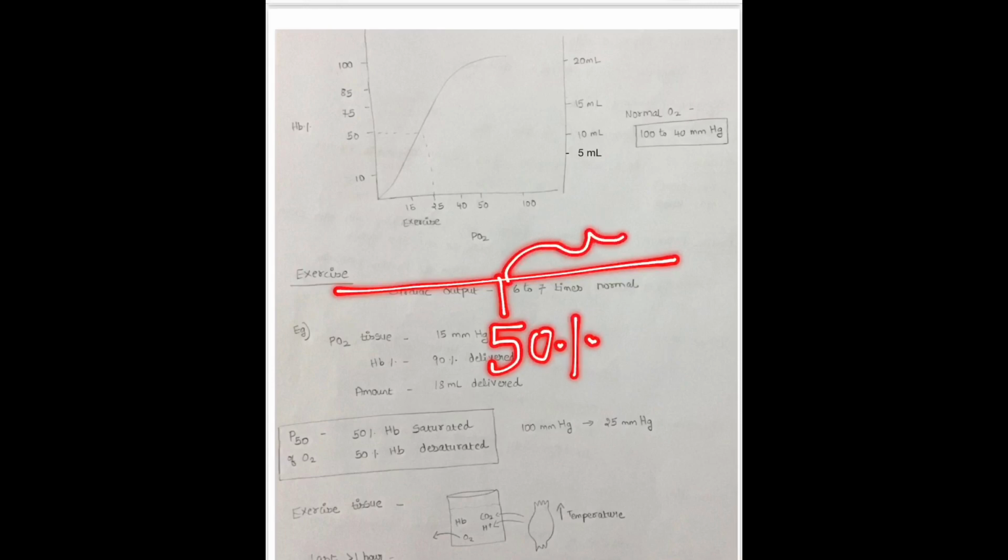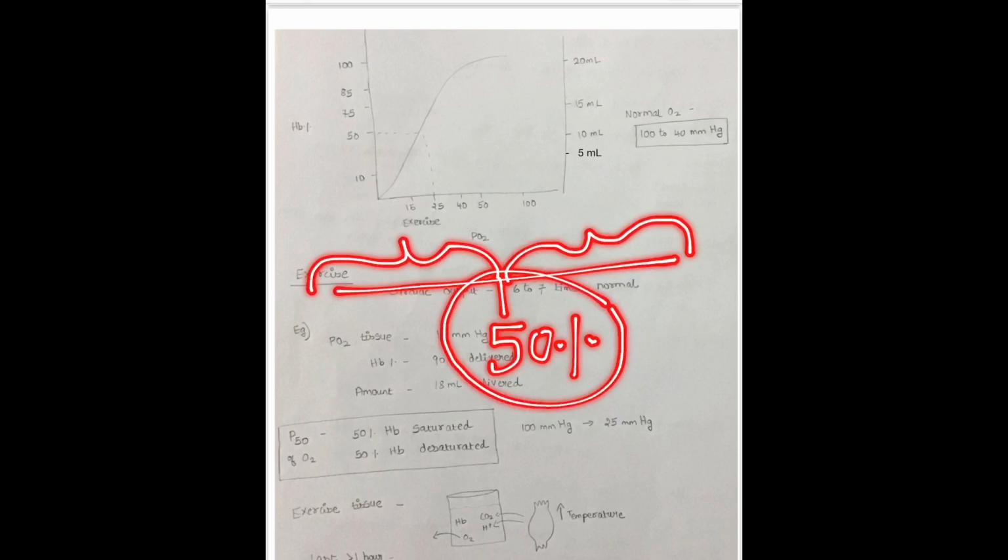You know that the full saturation of hemoglobin is 100%. So there will come a point where the hemoglobin comes to 50% saturation, where 50% is desaturated and 50% is saturated. When it comes to this 50%, what will be the partial pressure of oxygen?